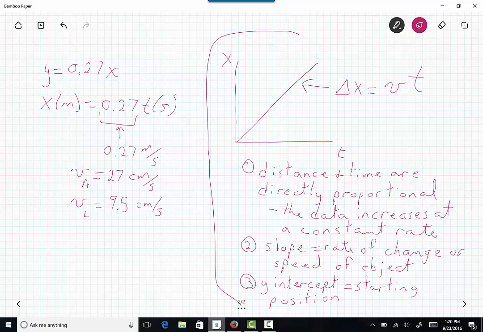Because we can figure out what the slope of the line is and what the speed of the object is, I could ask you, but I'm not going to then take this information and make it into a velocity time graph. And you could do that because we have this over here. So Lucas's speed is 9.5 centimeters per second.